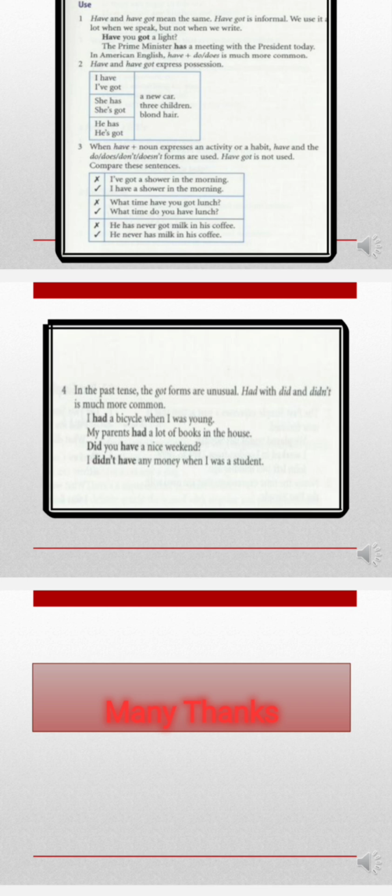My parents had a lot of books in the house. Number 3. Did you have a nice weekend? The last sentence: I didn't have any money when I was a student.